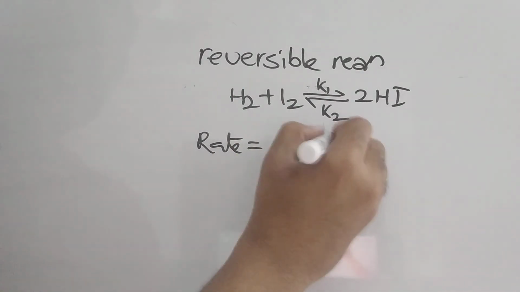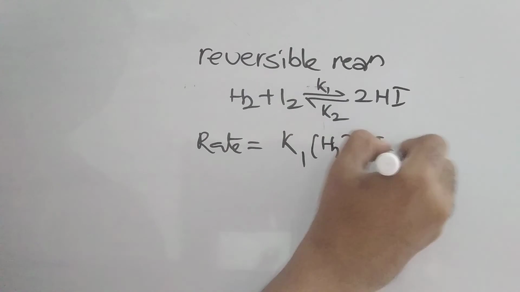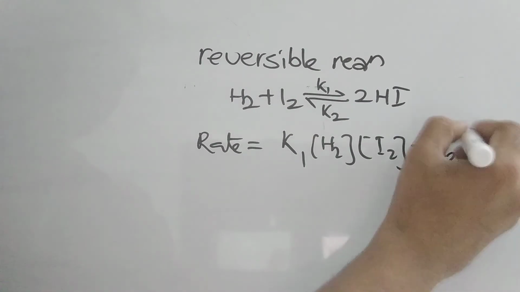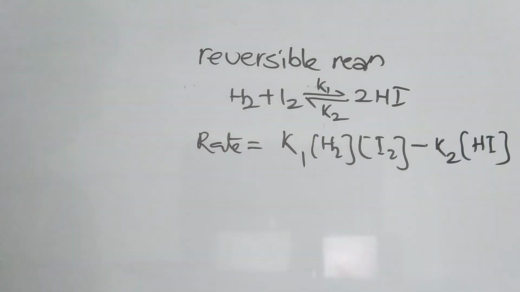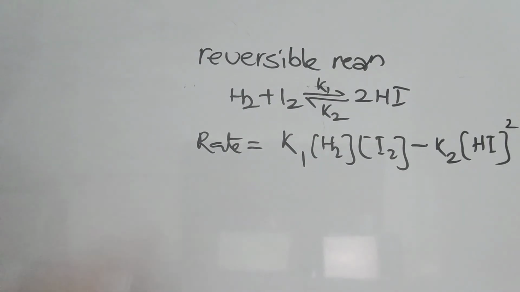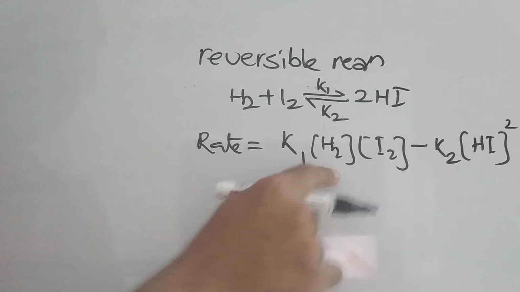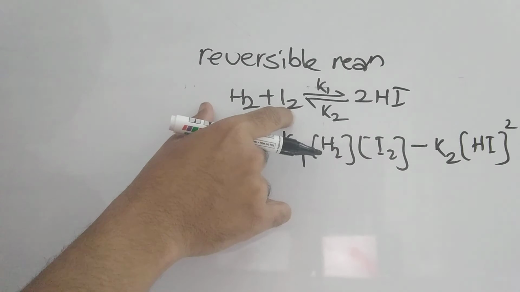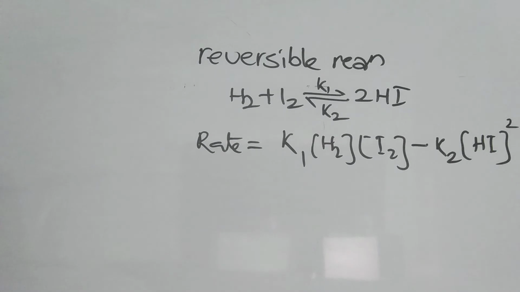Rate is equal to K1 into [H2][I2] minus K2 into [HI]. Since 2 moles of HI are there, you need to write [HI] squared. Forward reaction minus backward reaction we need to do. This is for reversible reactions.